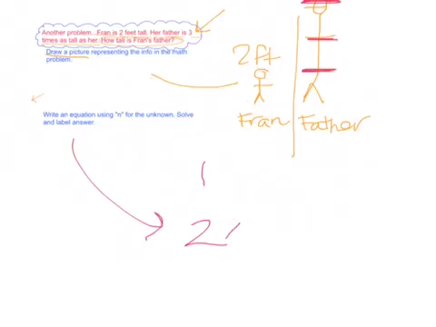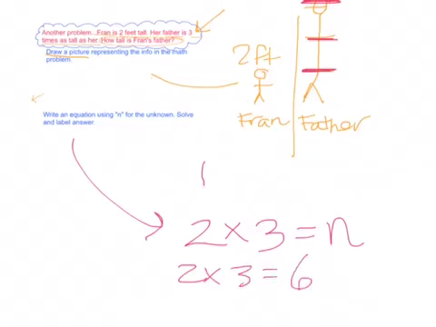Her father is 3 times as tall as her. How tall is Fran's father? His height would be n. Once we solve it, 2 times 3 equals 6, and we know we're dealing with feet. We have to look back to know what we're dealing with. So there's our final answer.